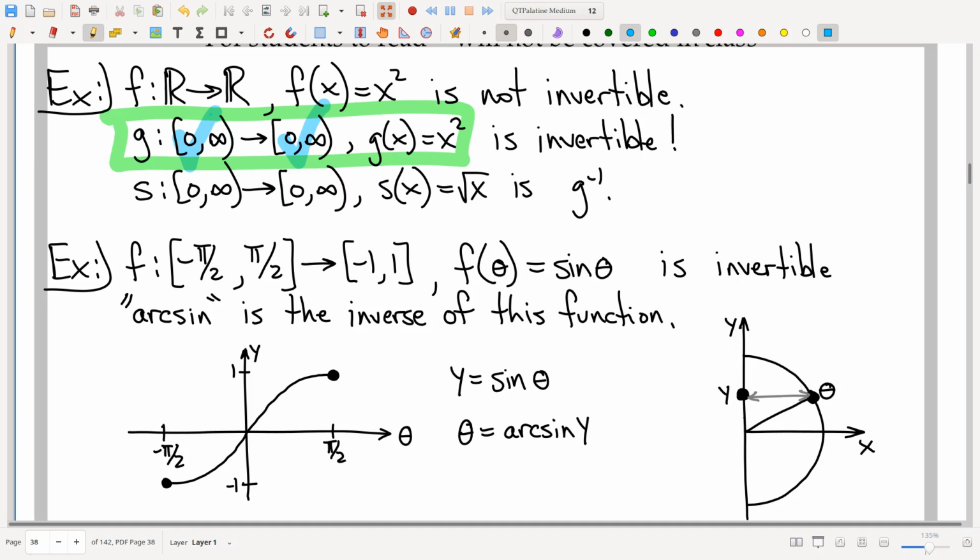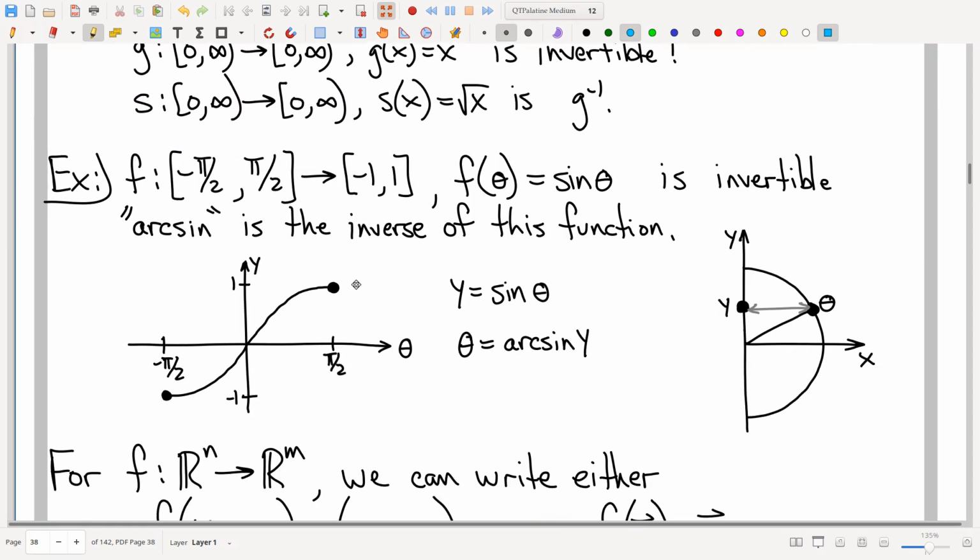That function is invertible. That's what you might call the invertible square function. And you have to set all this up and have your convention established before you go around talking about inverting stuff, because otherwise it doesn't make any sense.